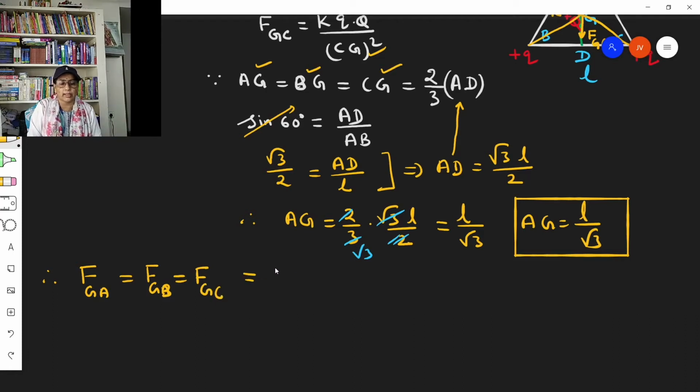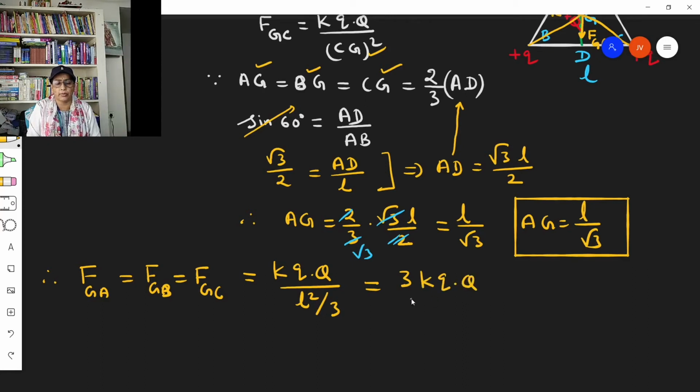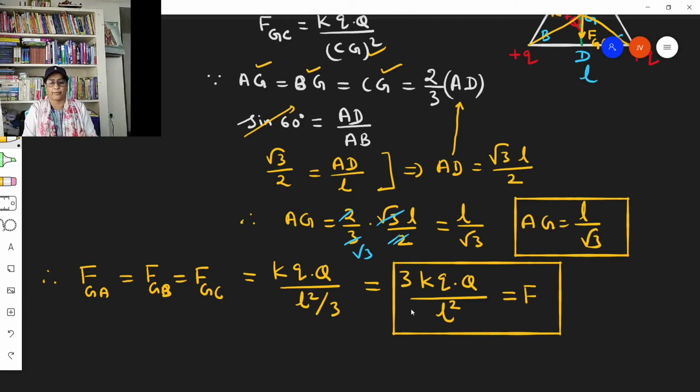And each of them is equal to KQ by AG square or BG square or CG square, which we can write as L square by root 3 square, which is 3. So finally it is 3KQ by L square, and because all the forces are equal in magnitude, let all of them be equal to some force F.